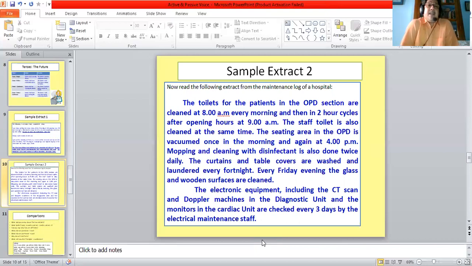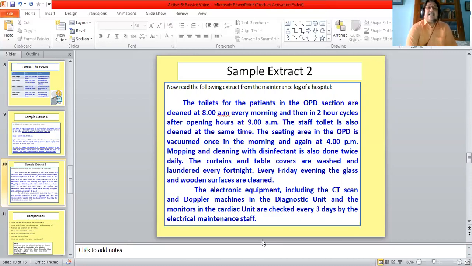The toilets for the patients in the OPD section are cleaned at 8 a.m. every morning and then in 2-hour cycles after opening hours at 9 a.m. The staff toilet is also cleaned at the same time. The seating area in the OPD is mopped and vacuumed once in the morning and again at 4 p.m. Mopping and cleaning with disinfectant is also done twice daily.